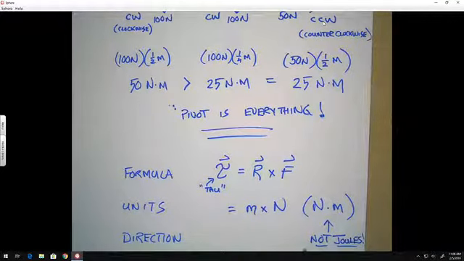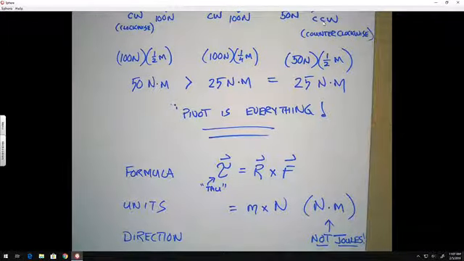Remember, when we did joules, we said work is equal to force times distance, and so we would have newtons times meters. Well, you might think that torque is in joules. It's not. The really short answer is because when you talk about torque, the newtons and the meters are always at a right angle to each other. They're always perpendicular. When we talked about joules, newtons and meters were in the same direction. So that's the difference. We could talk more about that in class, but these are not joules.